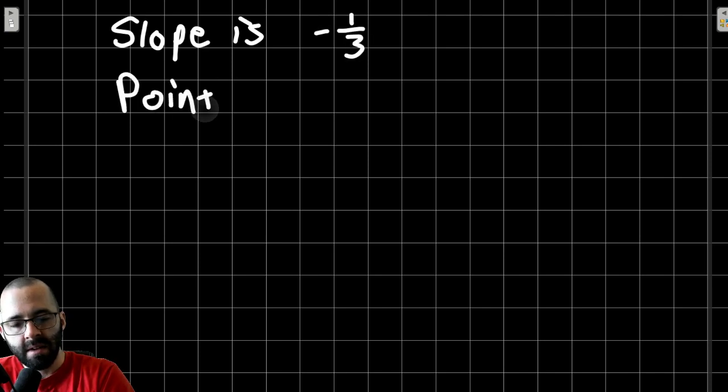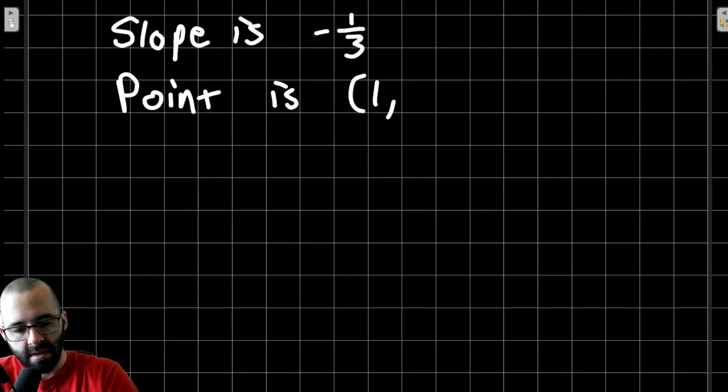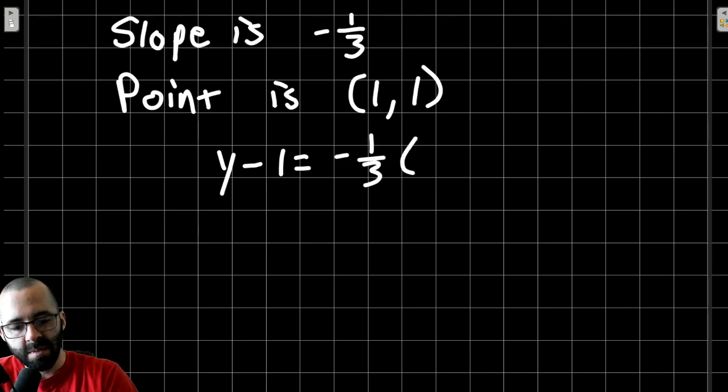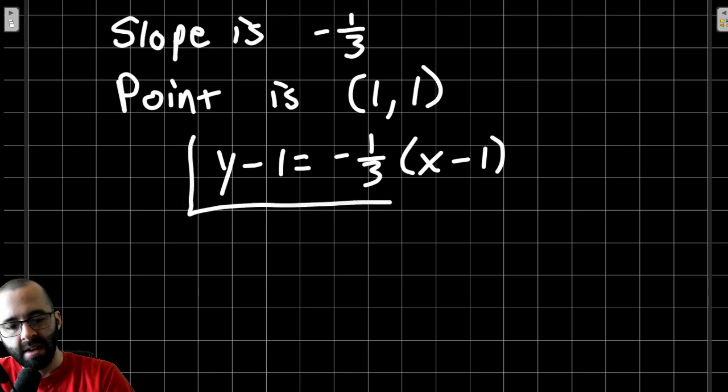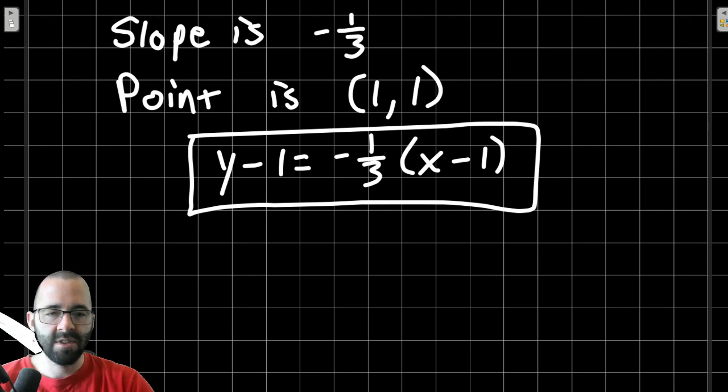And the point is x comma y. x we said was 1. y we said was also 1. Let's use point slope form to get the equation of the tangent line. y minus the y coordinate is equal to the slope times x minus the x coordinate. And this is the answer. This is our equation of the tangent line.